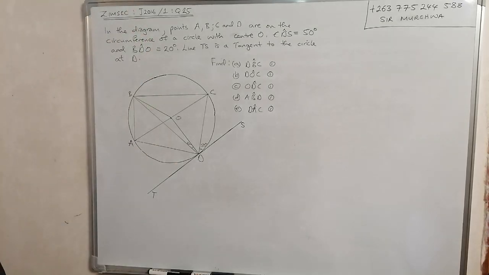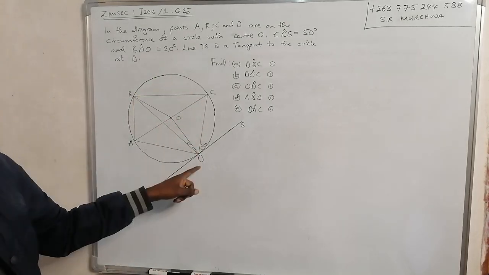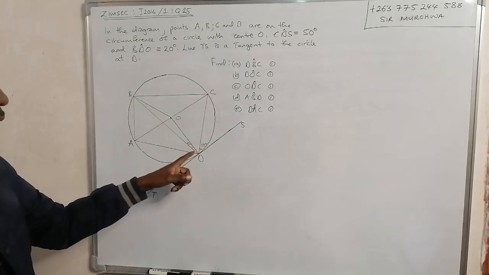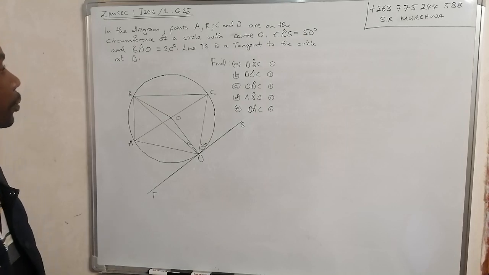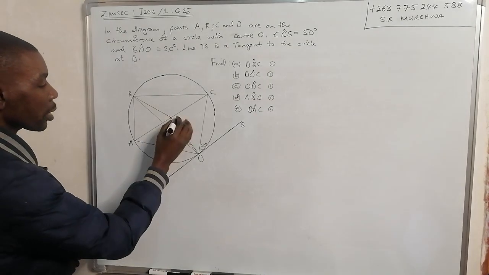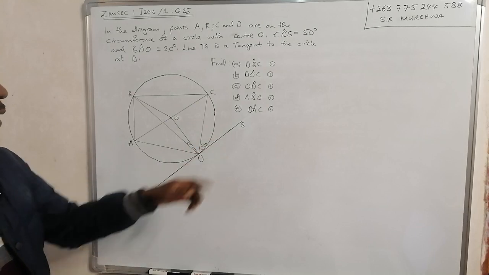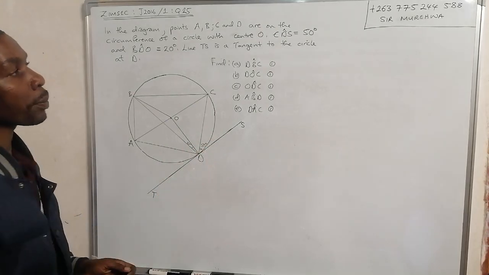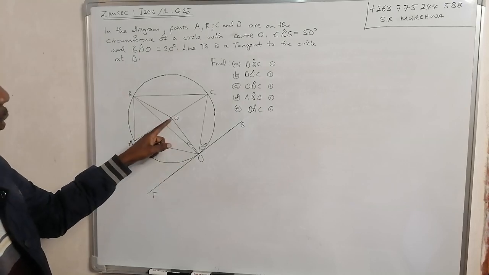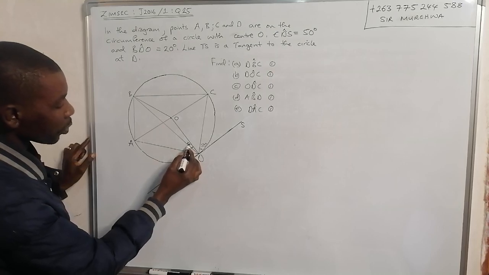The question reads: in the diagram, points A, B, C, and D are on the circumference of a circle. That means ABCD is a cyclic quadrilateral, with center O. Angle CDS is 50 degrees, and angle BDO is 20 degrees.